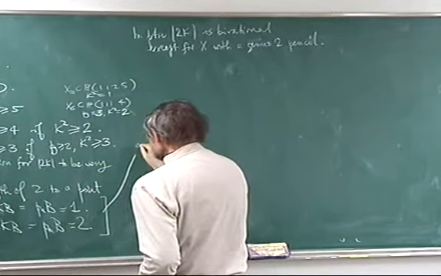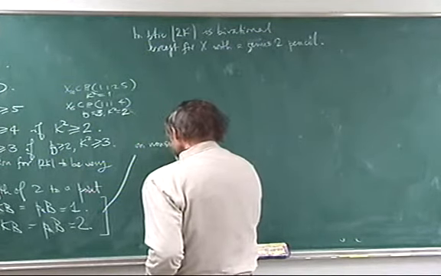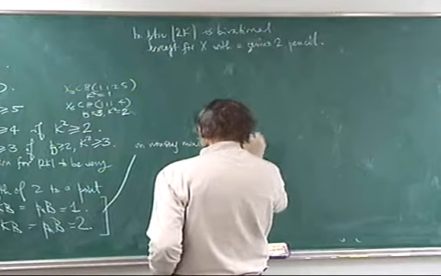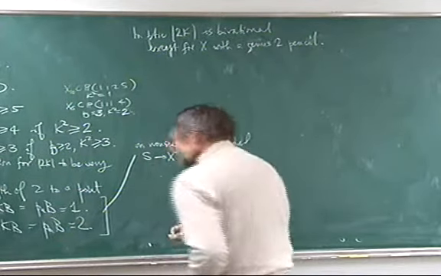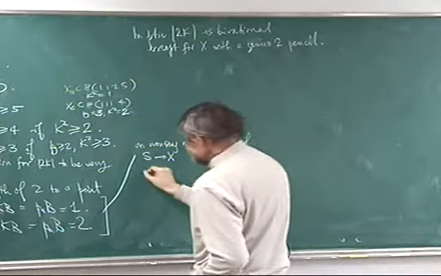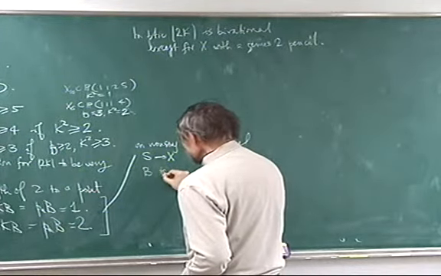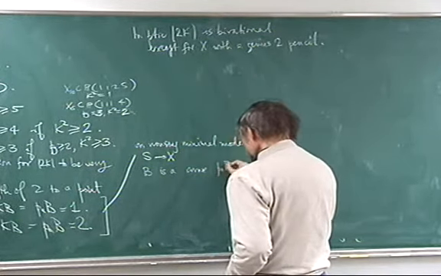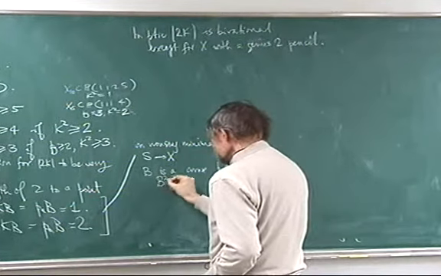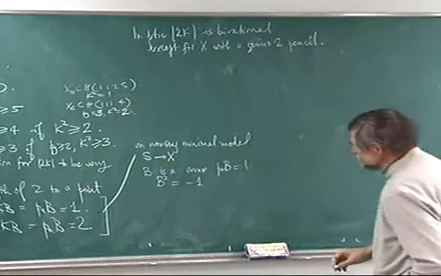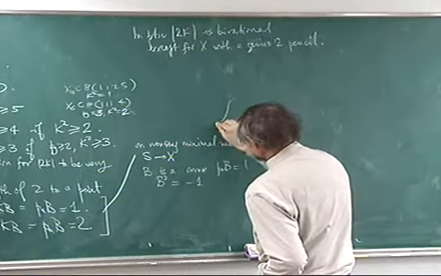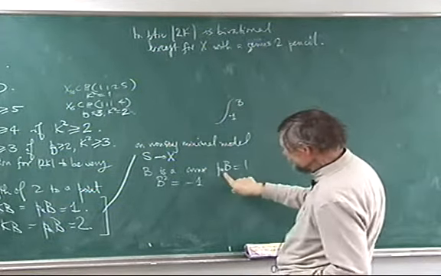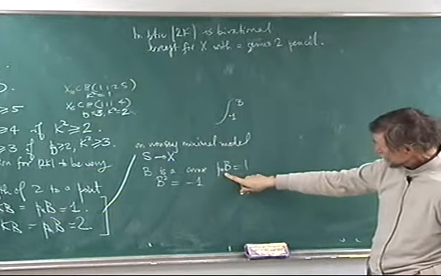This means on the non-singular minimal model S of K_X, this B is a curve with p_a of B equals 1 and B squared equals minus 1. So here's the curve B, it has self-intersection minus 1. It's really an elliptic curve, it would be an elliptic curve if you were non-singular.